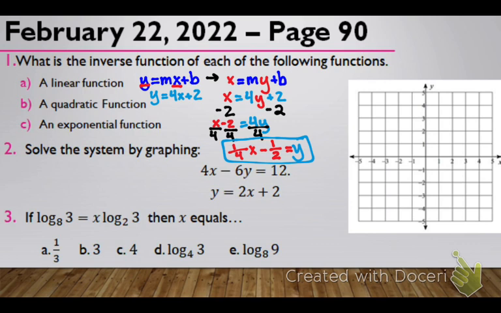Now, what does this equation remind us of? We have y by itself. If I asked you to graph that equation, would you know how to graph it? Why would we know how to graph it?